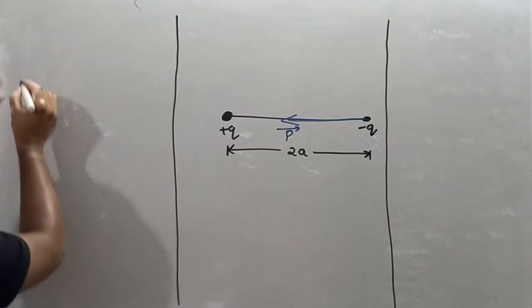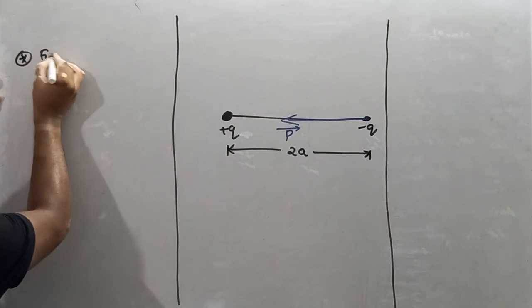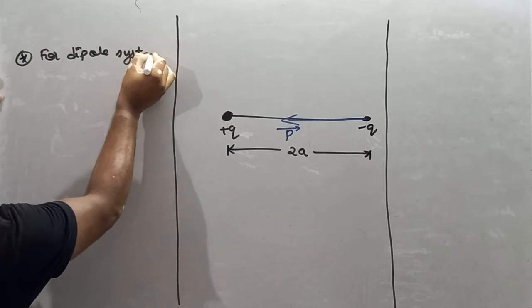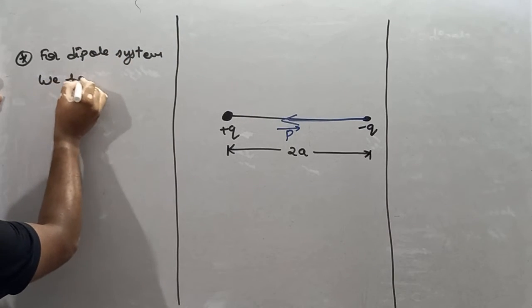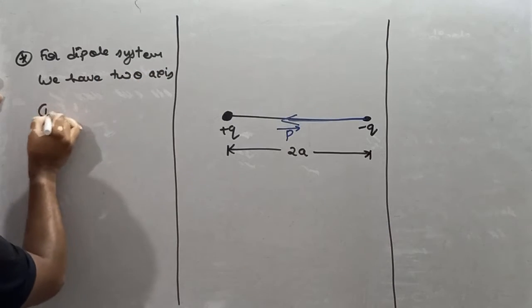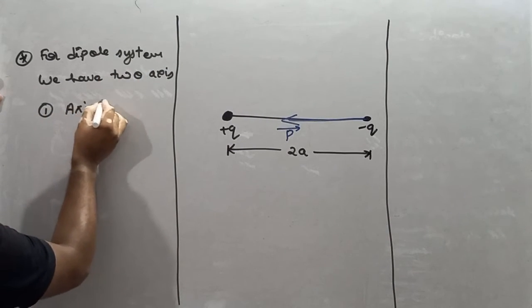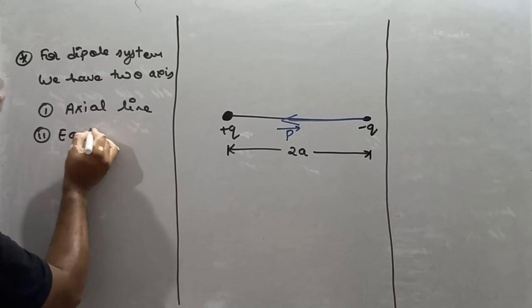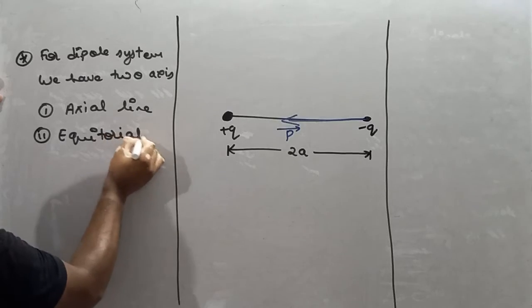So I'll write, for a dipole system we have two axes. One is considered to be the axial line and the second is considered to be the equatorial line.